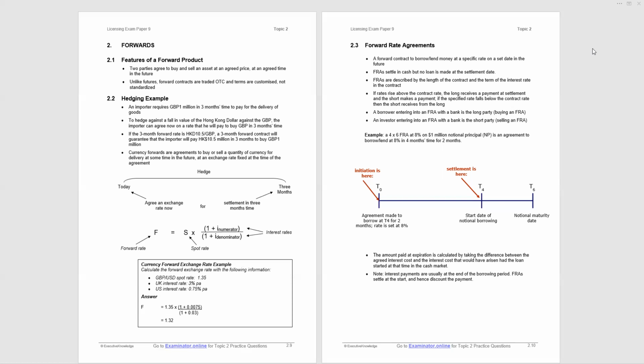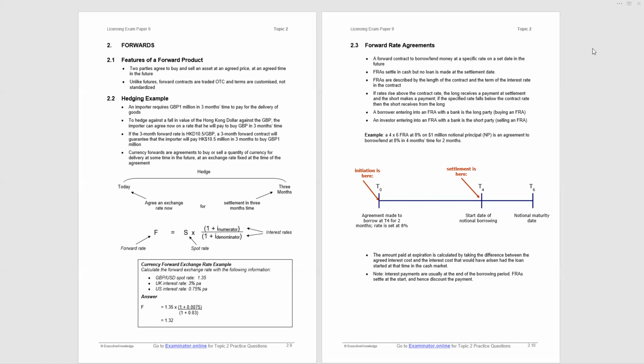So that 4x6 says that underlying this concept, we will borrow or lend in 4 months' time for a period of 2 months. So the difference between the 4 and the 6 is the period, the active time that the interest rate will be applied. And the 4 is the number of months when the borrowing or lending will kick in. So the diagram shows you that the FRA, the initiation is at time 0.